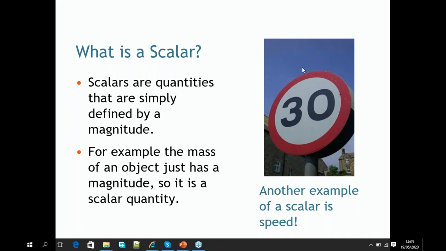For example, the mass of an object just has magnitude, so we'll call it a scalar quantity. Why? Because it has only magnitude.